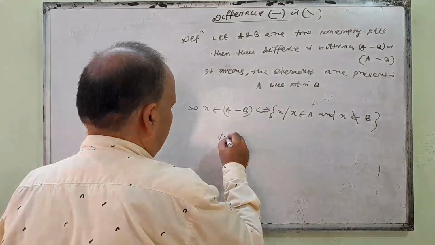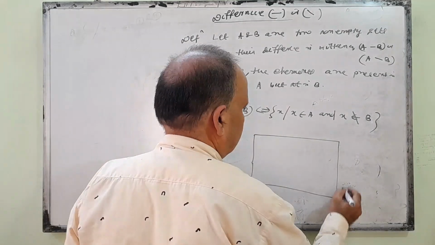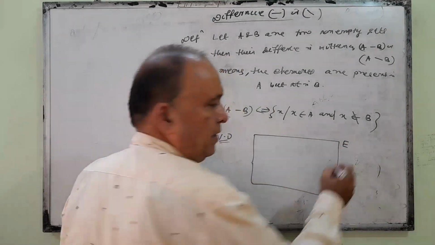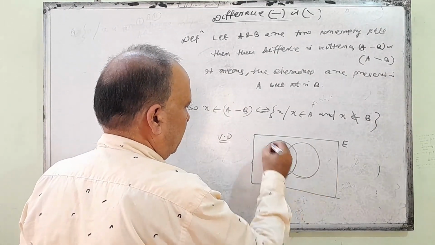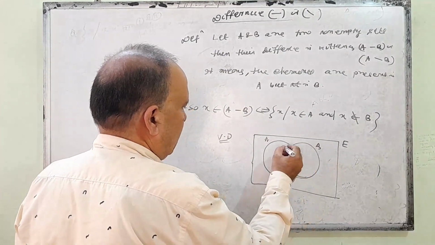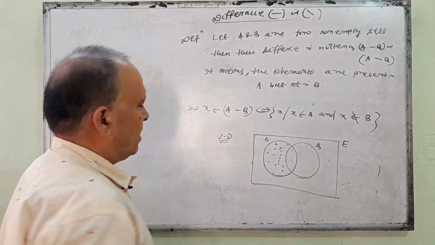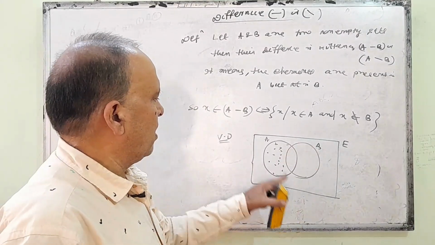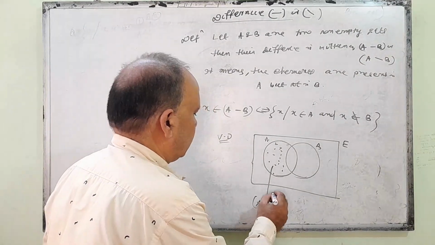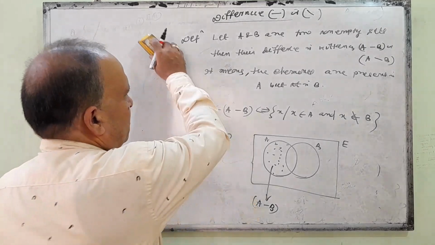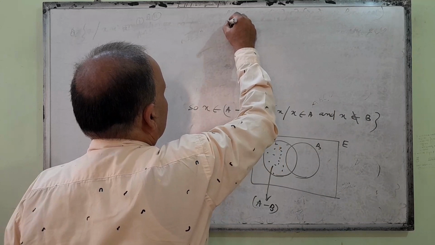In a Venn diagram, suppose this is your universal set, this is A and this is B, and this part is your A difference B. That means the elements are present in A but not in B. This is A minus B, we can say A difference B. I am giving some examples.